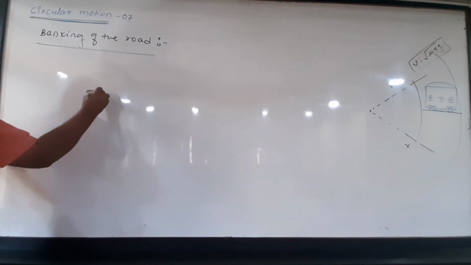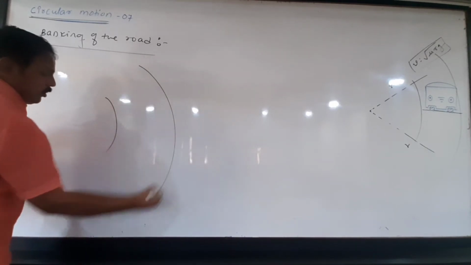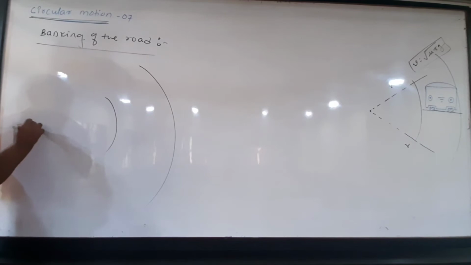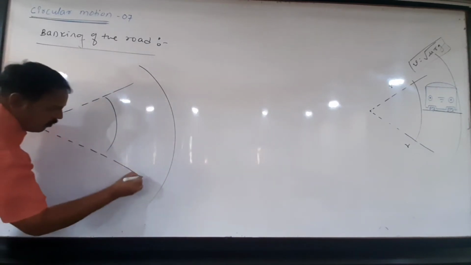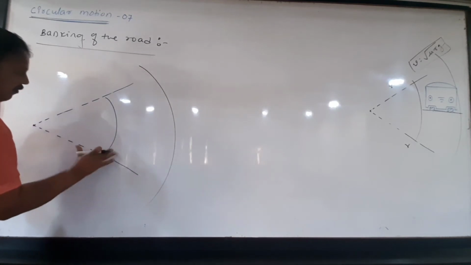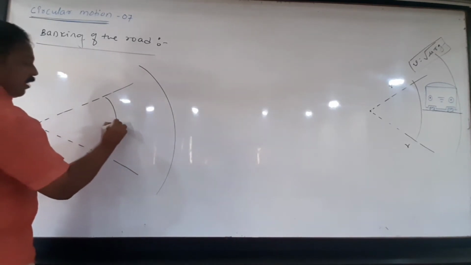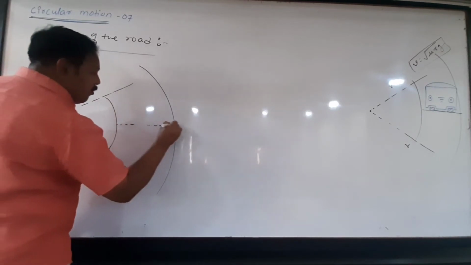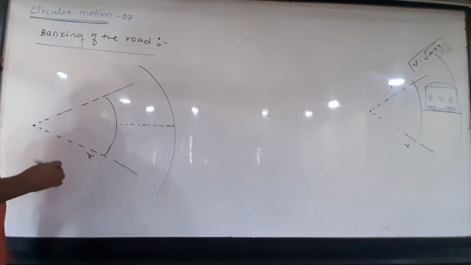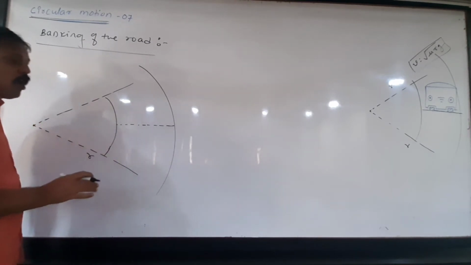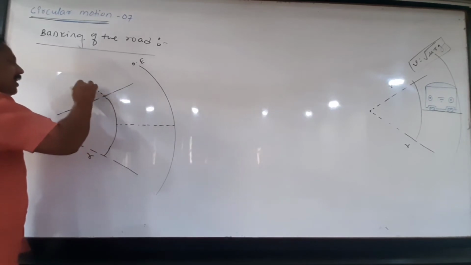Let us see here. In order to avoid such skidding of vehicles passing over a curved horizontal road, during the construction of the road, this is the outer edge and this is the inner edge.